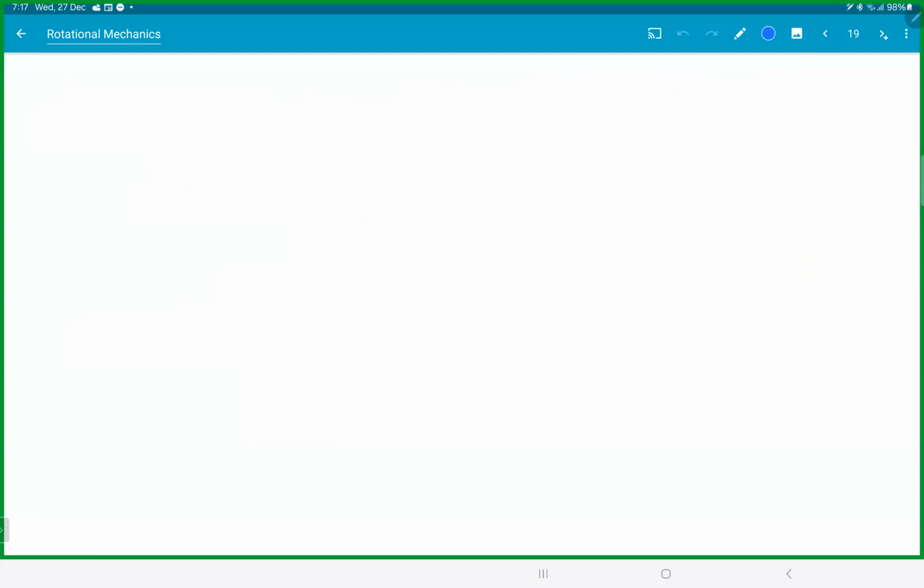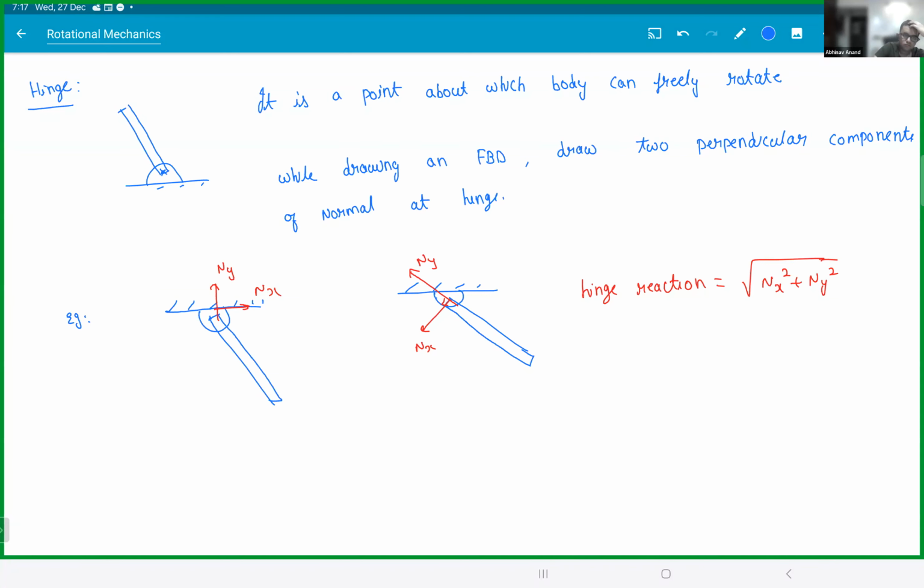Got it? Next thing. So how do we solve equilibrium problems?